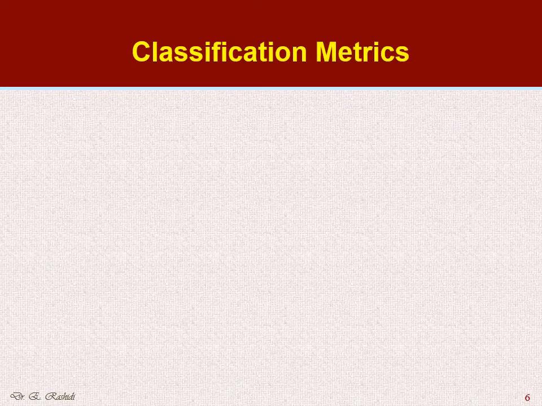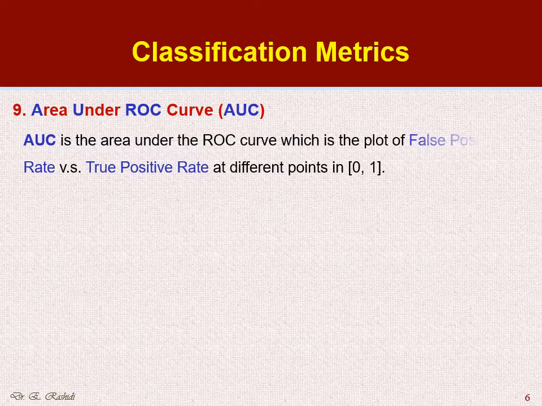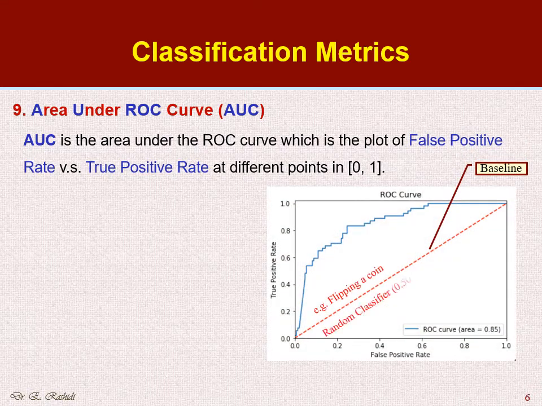As mentioned earlier, the AUC is the area under the ROC curve, which is basically the plot of false positive rate versus the true positive rate for a classification algorithm, plotted at different points in the interval of 0 to 1. So this is an example of the ROC curve that you can see.